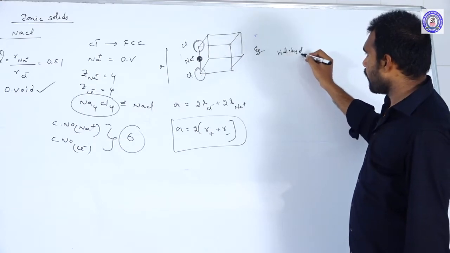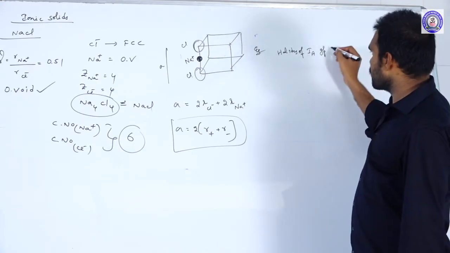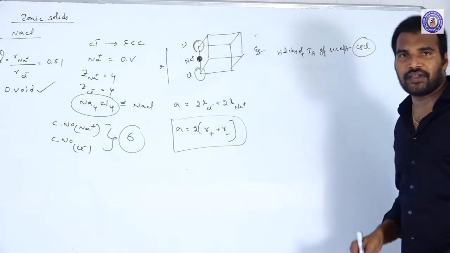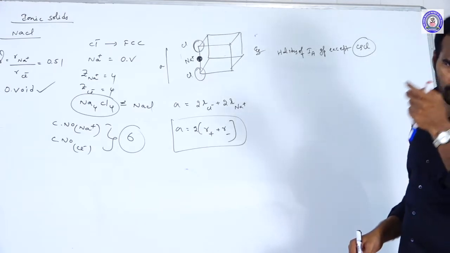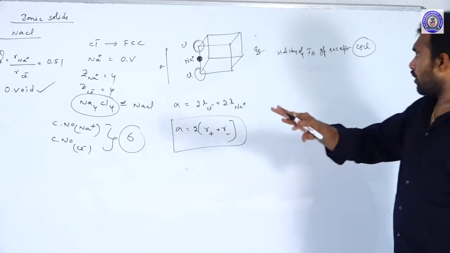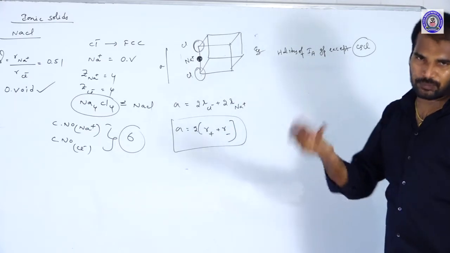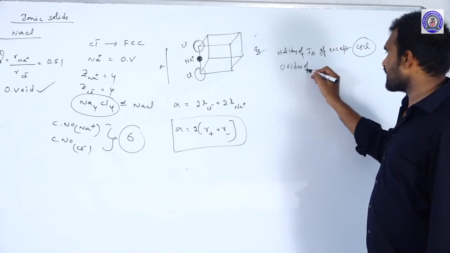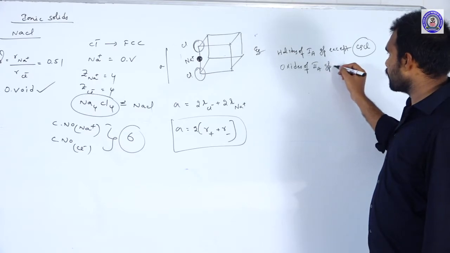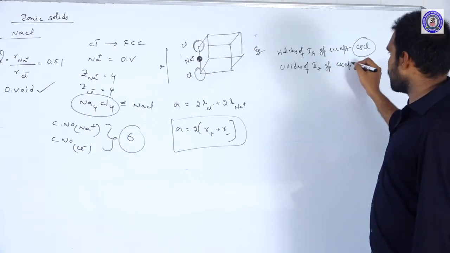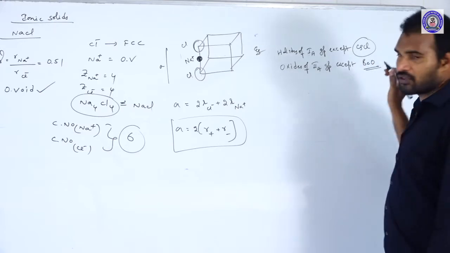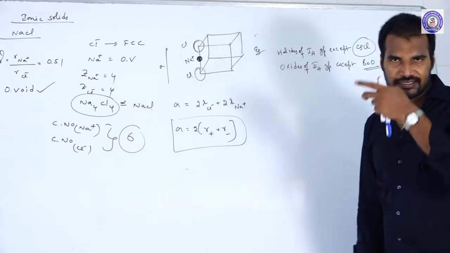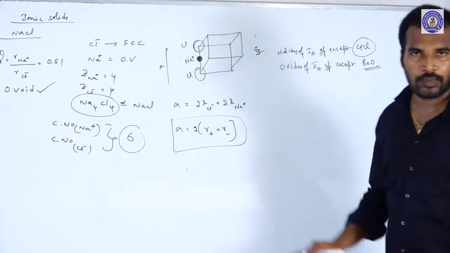The remaining halides of 1A group elements will also form the same, that means NaCl, KCl, RbCl like this. And the oxides of 2A group elements also show the same, except beryllium oxide. The remaining oxides of 2A group also show the NaCl type of crystal lattice. These are the examples of NaCl.